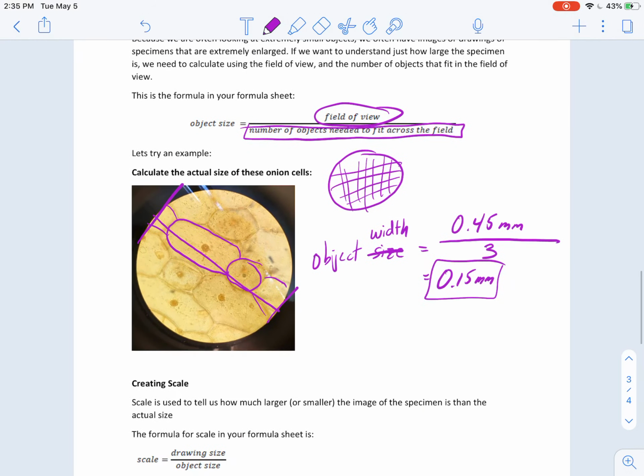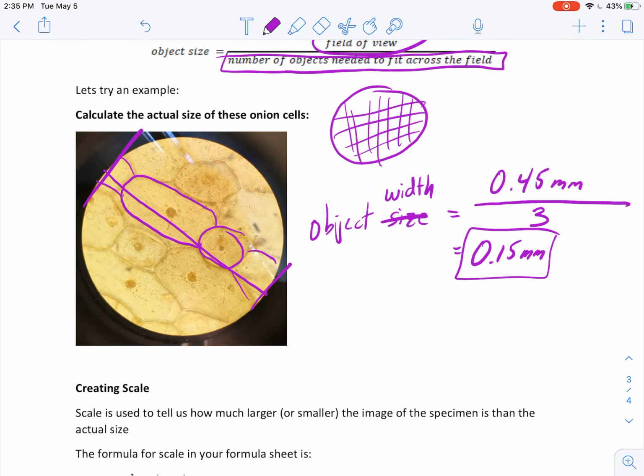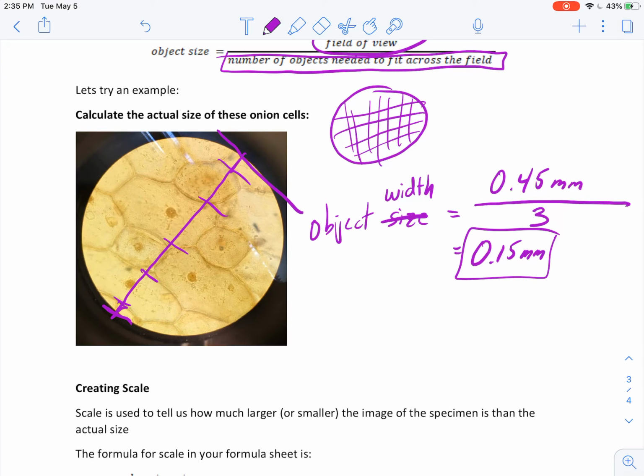Then, if I wanted to find the object height, I would erase this, and I would count the number of objects going this way. And I've got 1, 2, 3, 4, and then a little bit here and a little bit here for 5. So it'd be 0.45 again, divided by 5. This one would tell me my onion height.